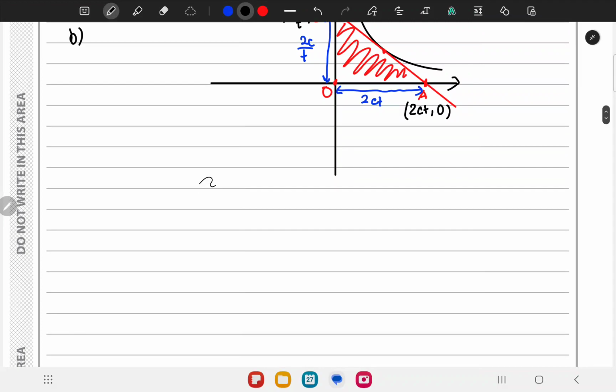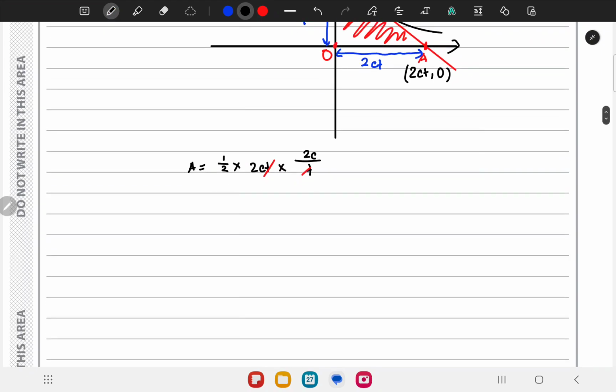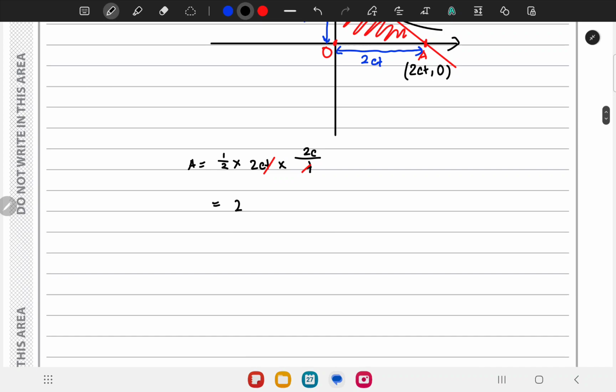So we'll get the area to be half times 2ct times 2c by t. The t's will cancel out, and with this half and this 2, we'll get 2c square.